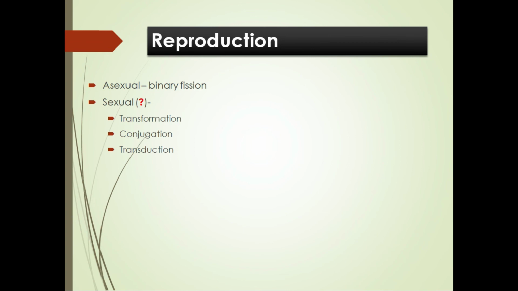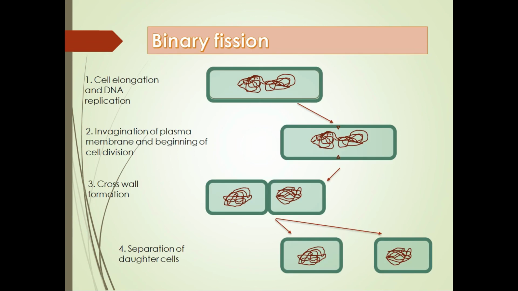So in binary fission, here we have one bacterial cell. Before division, the cell size increases and the cell content like DNA, the chromosome, replicates, and the other cell content like plasmid also replicates.